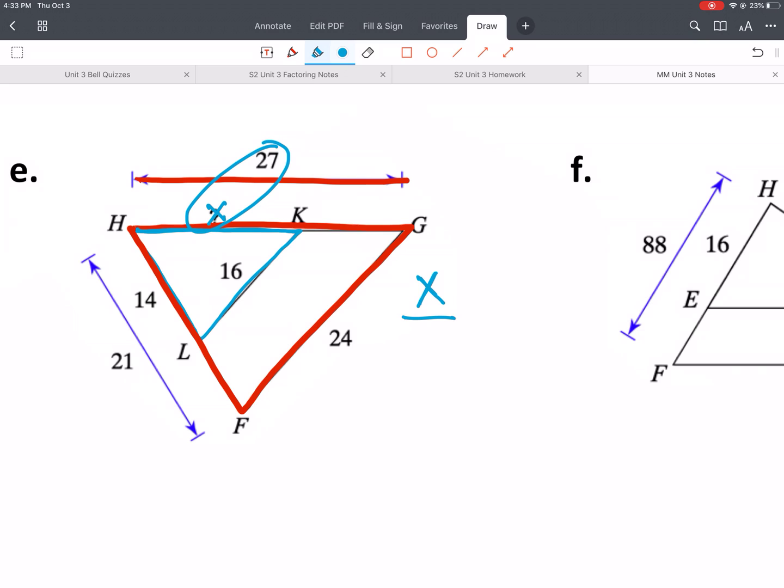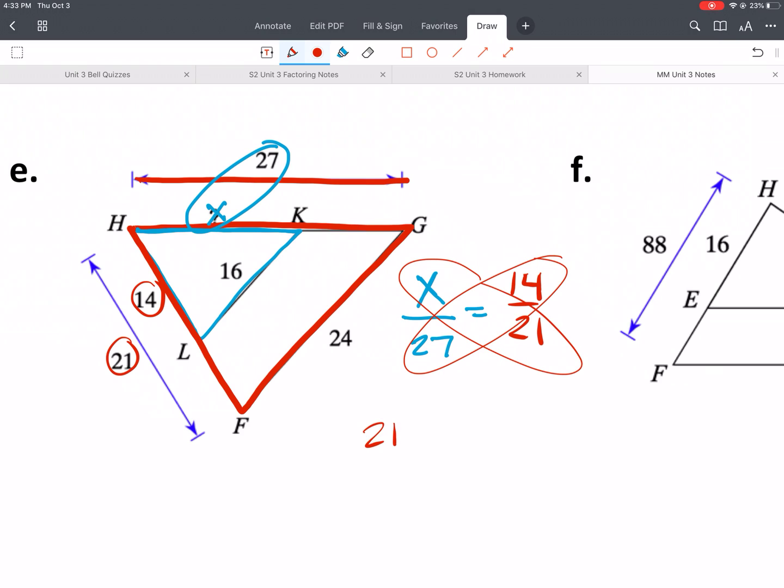So we'd do X over 27, and that should be equal to small over big, so 14 over 21. All right, and then we do our cross multiplication.